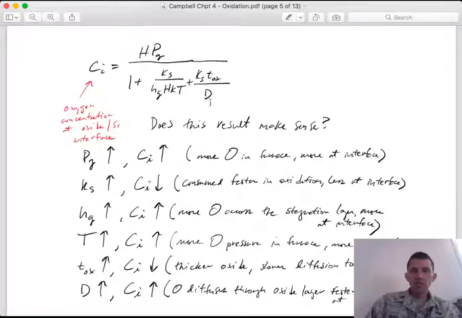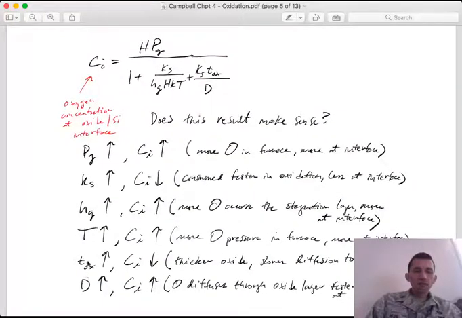So T and D actually move together, but both of them increase the oxygen concentration at the interface, which makes sense. If we have a higher temperature, we can diffuse more of that oxygen through the growing oxide layer, which is why to grow an oxide layer thicker than about 25 angstroms, you have to go above room temperature.